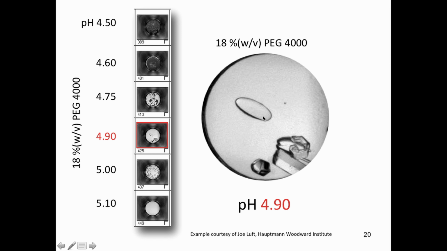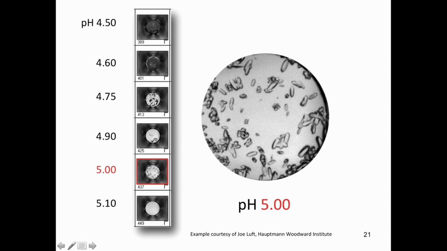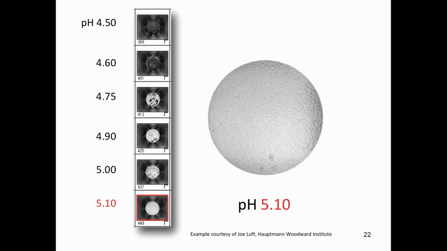For instance, this one, and maybe this one. They have slightly different morphologies. We should test both. Now at pH 5, the crystals are getting smaller, and at 5.1, they're gone. So you can see just a small change from pH 4.5 to 5.1 can have quite different consequences.